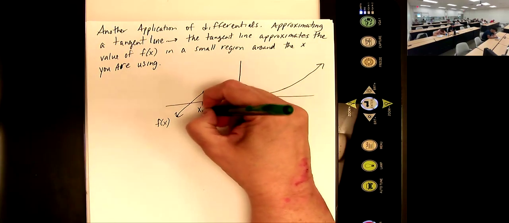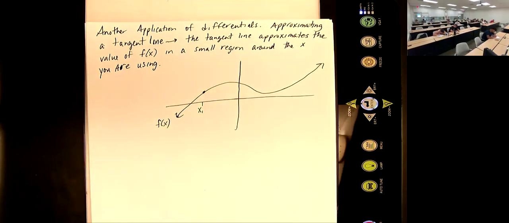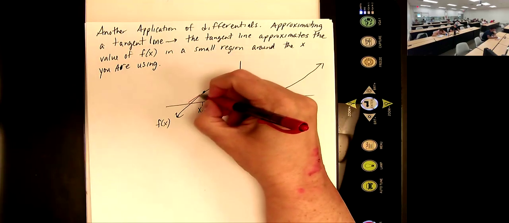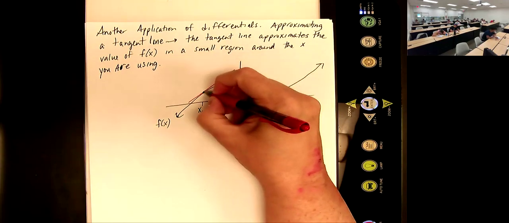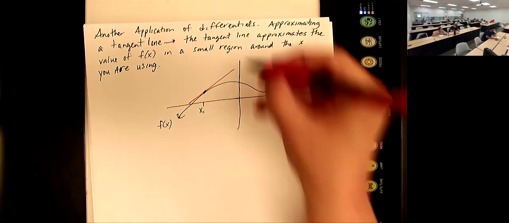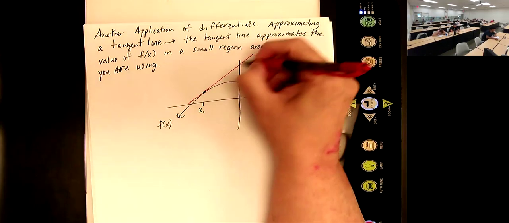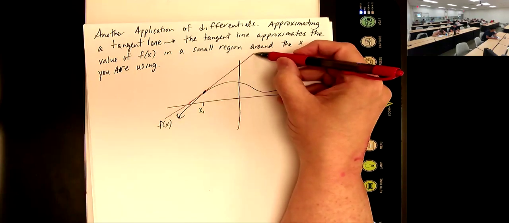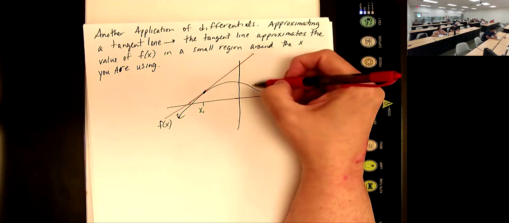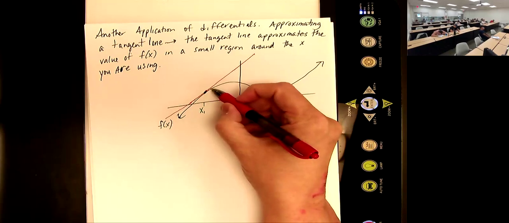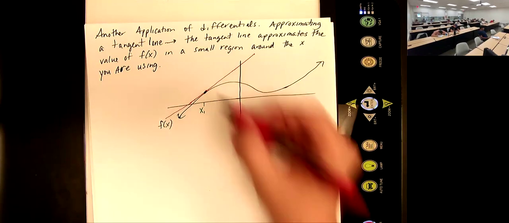So I got some point x1, and my tangent line does this, and it keeps going. So we can see that a long way away, it doesn't really look like it. Over here, this value of y is nowhere near this value of y. But close to it, they're pretty close to each other.